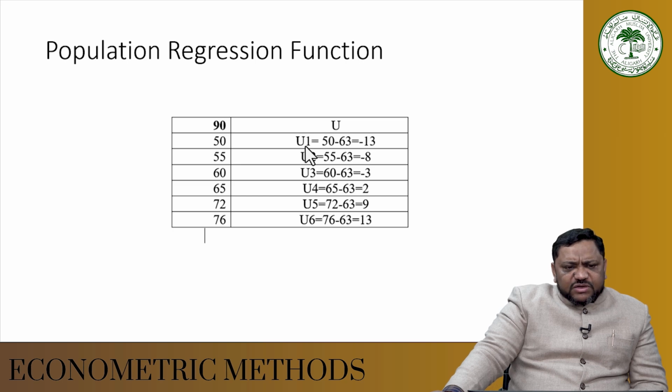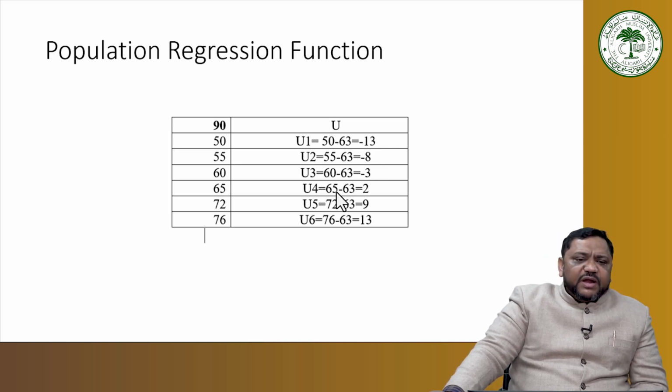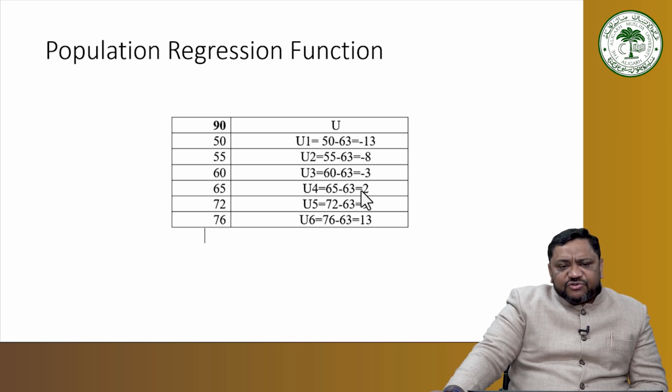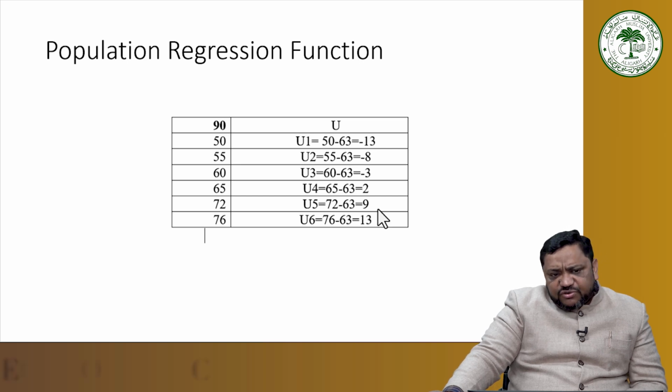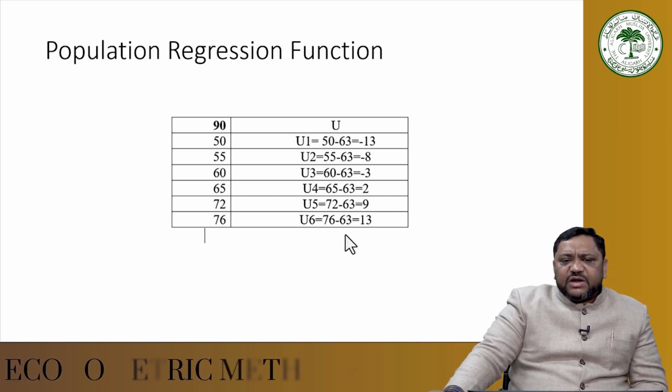The first value, U1, is 50 minus 63, which is equal to minus 13. The second error term is 55 minus 63, which is minus 8. The third is 60 minus 63, which is minus 3. Next is 65 minus 63, which is equal to 2. The next is 72 minus 63, which is equal to 9. And the final one is 76 minus 63, which is equal to 13.